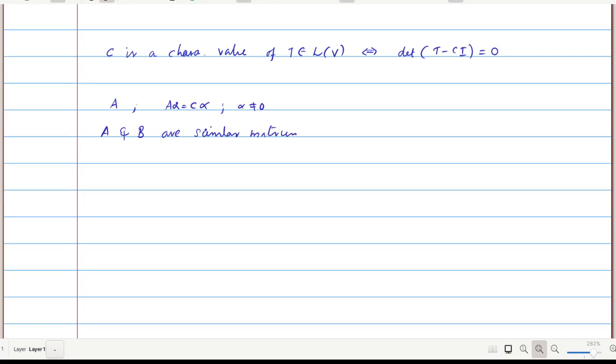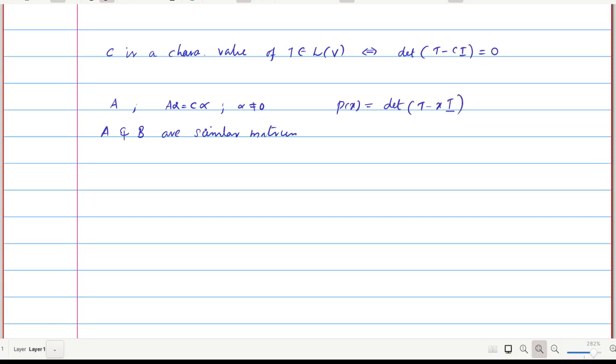Before that, in order to estimate the characteristic values, we need to solve an equation. We start with the polynomial P of x equal to determinant of T minus xI.